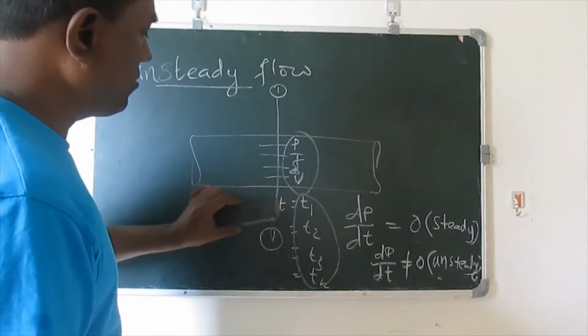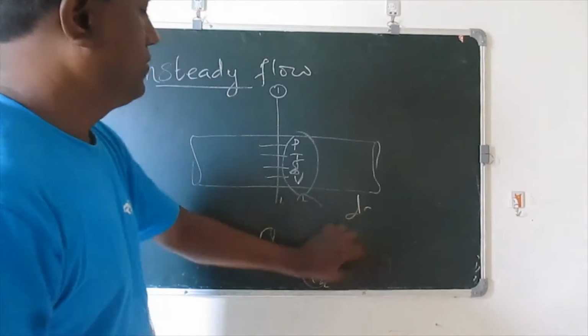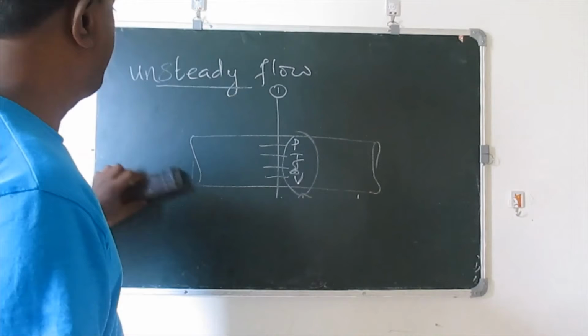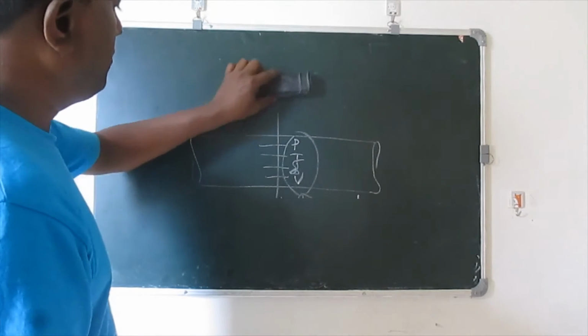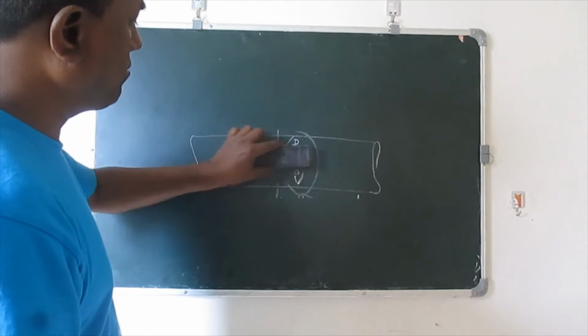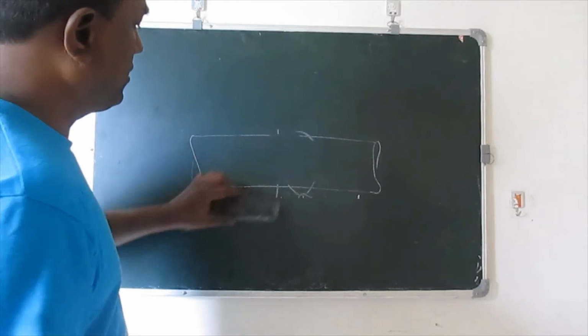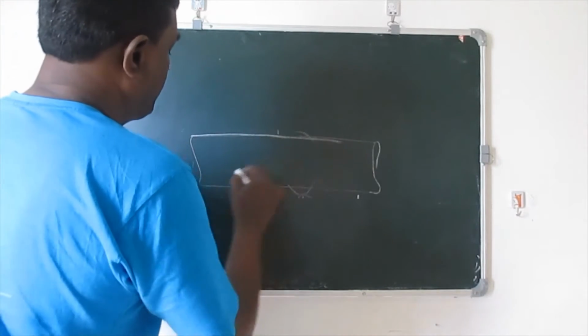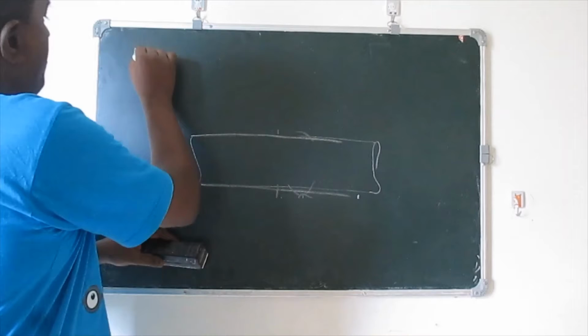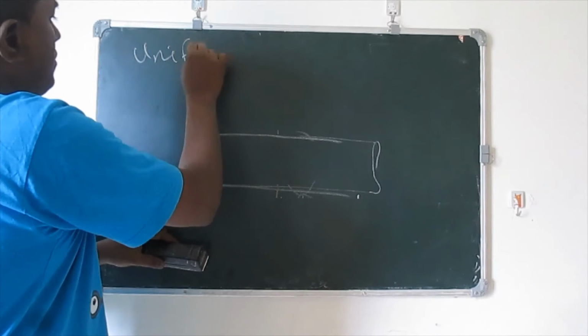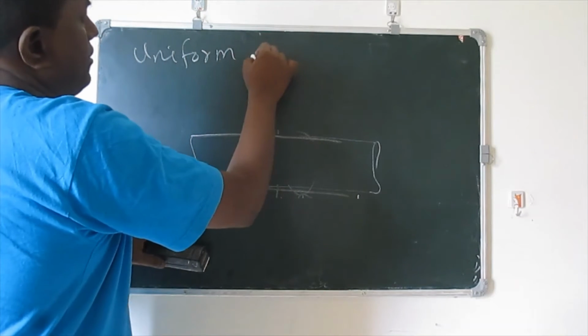Now let's talk about uniform and non-uniform flows. Uniform and non-uniform flow also can be understood with the help of this diagram. What is meant by uniform and what is meant by non-uniform?